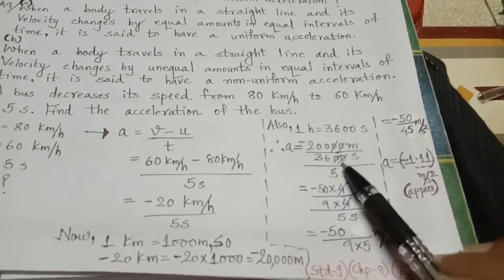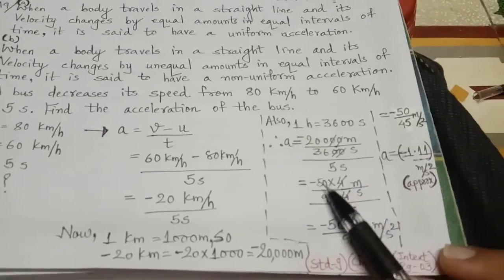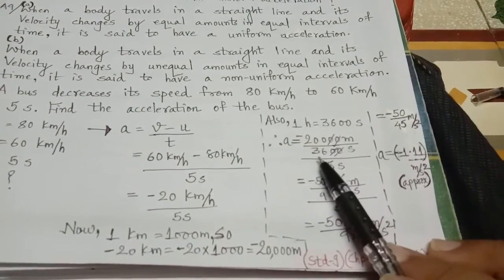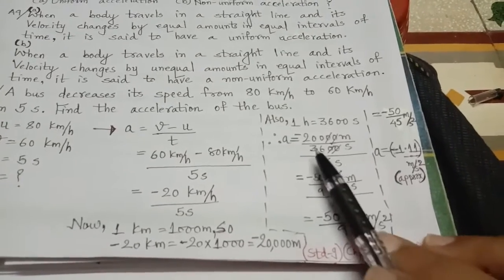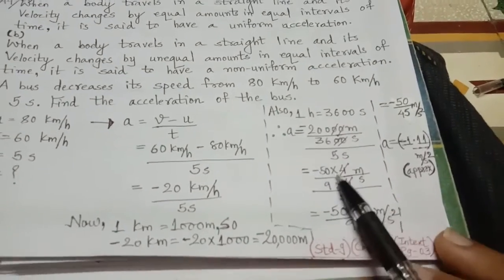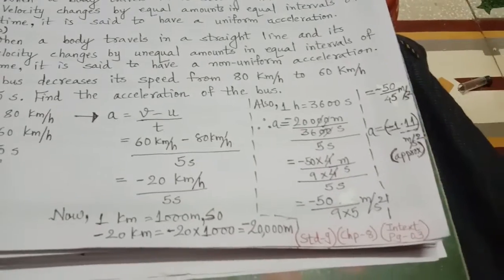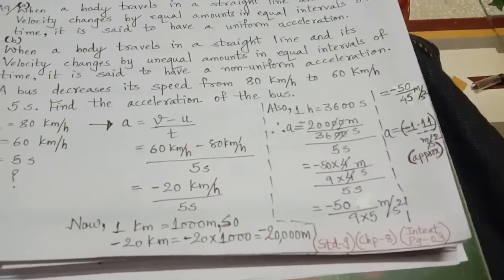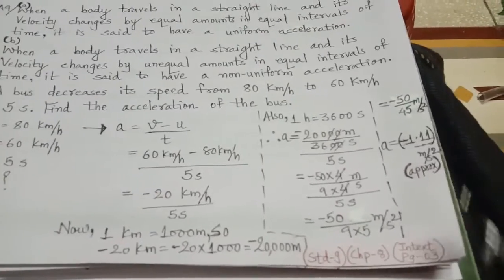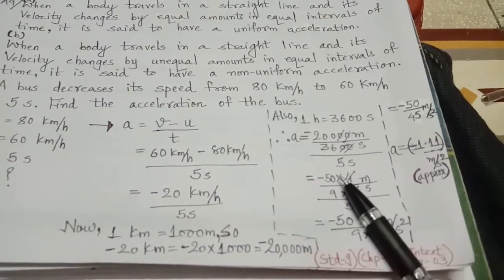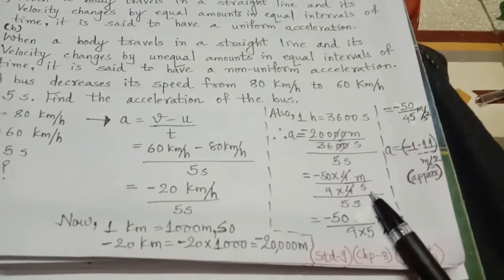Let us cancel these two zeros. So it will be 200 upon 36 meter per second upon 5 seconds. I have factorized 200: 50 4s are 200, so minus 50 into 4 upon 36, that is 9 4s are 36. Again 4 is cancelled. So minus 50 by 9 meter per second.